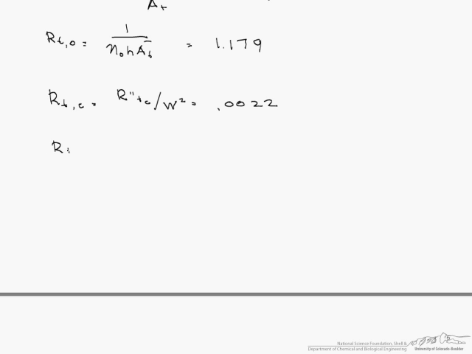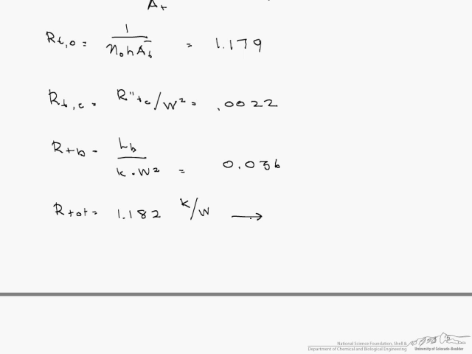Our resistance of the base, which is L sub B divided by K times W squared, is 0.036. So now we put those all together. Our total resistance is equal to 1.182. And if you're wondering what those units are, they're K divided by W. Note how much of the resistance, in fact the bulk of the resistance, is caused by the heat sink itself.